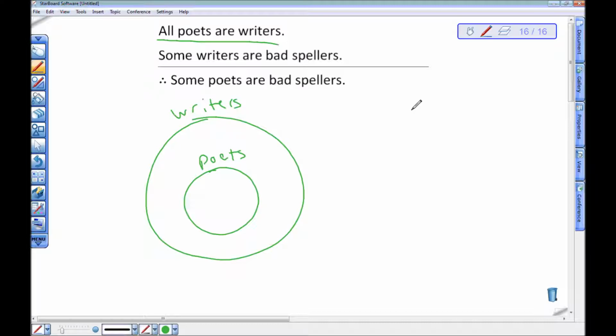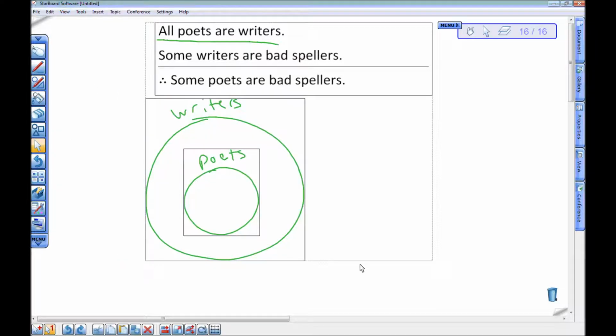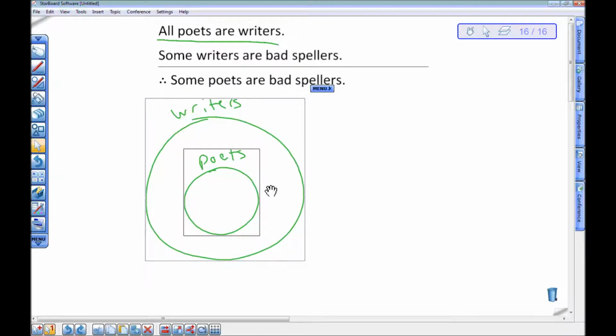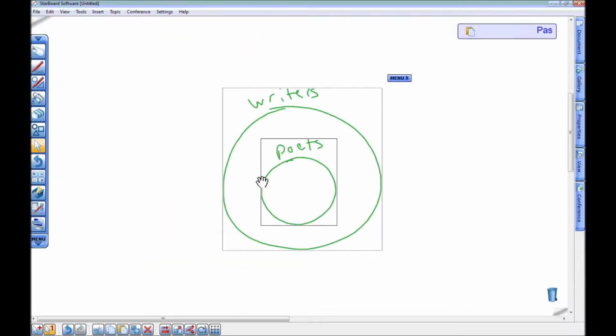Now I look at this next premise, some writers are bad spellers, and I know from experience that there are two different pictures I'm going to be able to draw here. So what I'm going to do quick, assuming that I can pull it off, is make myself a copy of this.